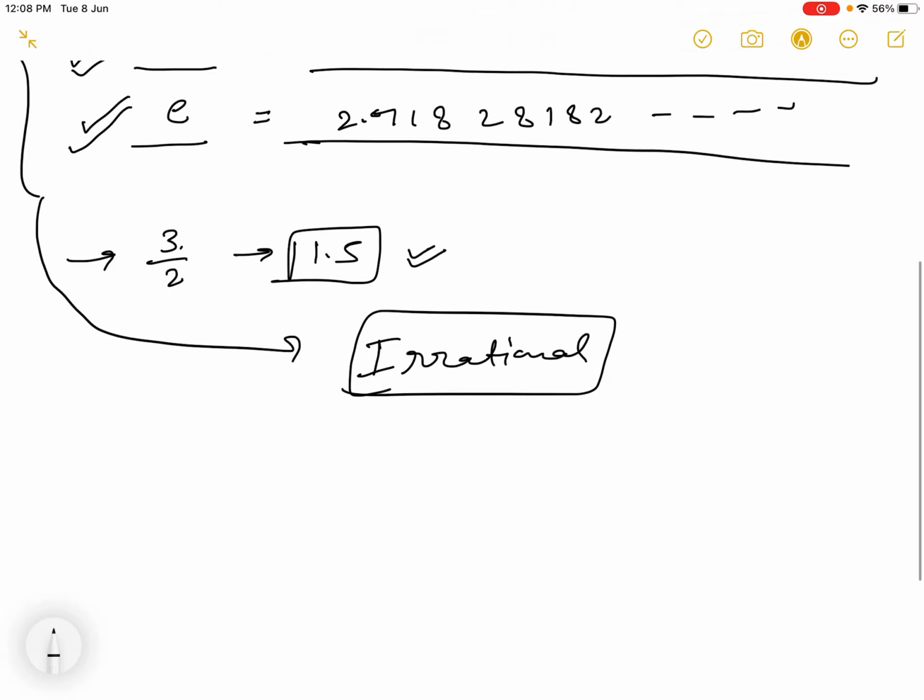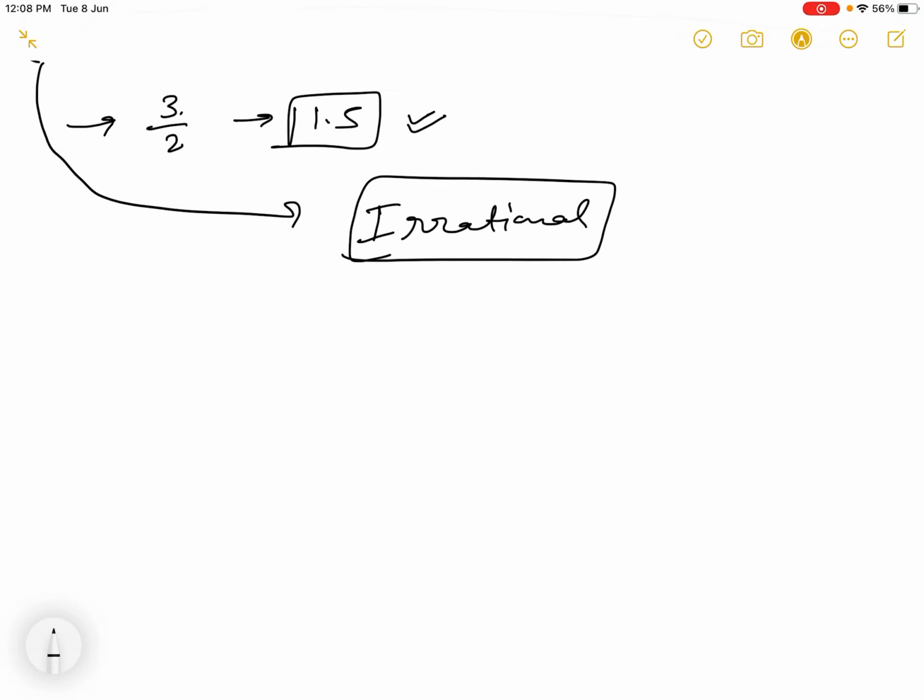Now if I take one example, like root 3, root 3 also has a value 1.732 and so on. It's also not fixed.